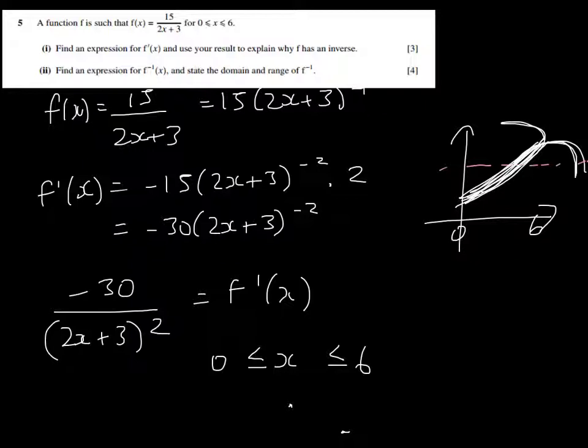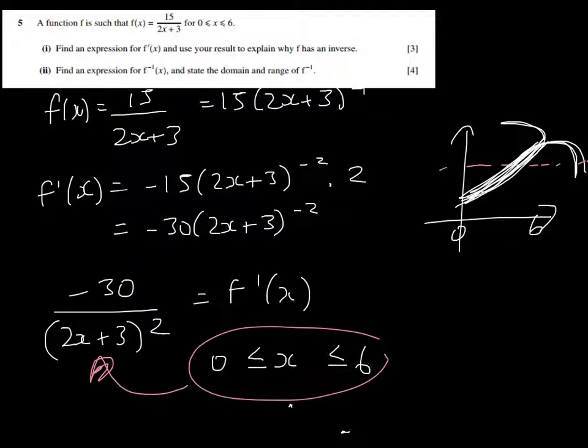Not that it matters in this case, because whatever our x values are, when we put them into the denominator of our fraction, they're going to be squared, which means they're always going to be positive. So we're going to have negative 30 divided by some positive answer. And even if x was 0 there, it still is going to come out to be a positive number.